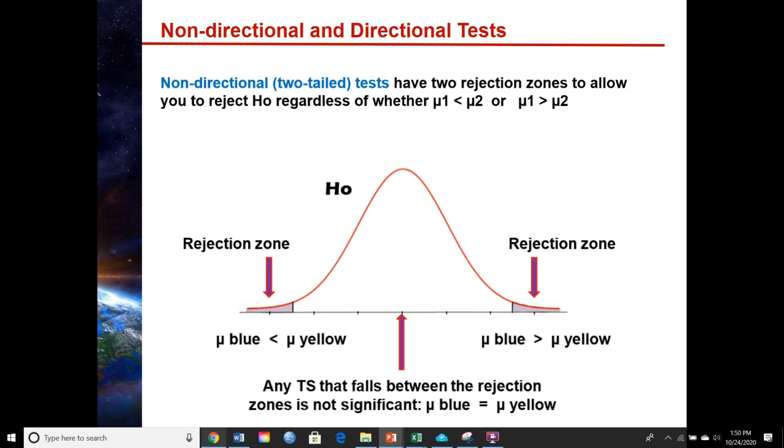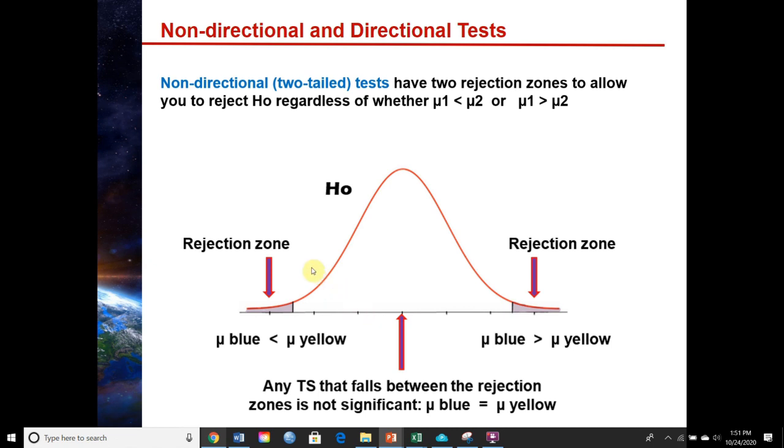Whether your TS is negative or positive is less important than knowing, am I in a rejection zone? I don't care which side I'm in as long as I'm in a rejection zone. That is the only thing that matters for these two-tailed or non-directional tests, okay?